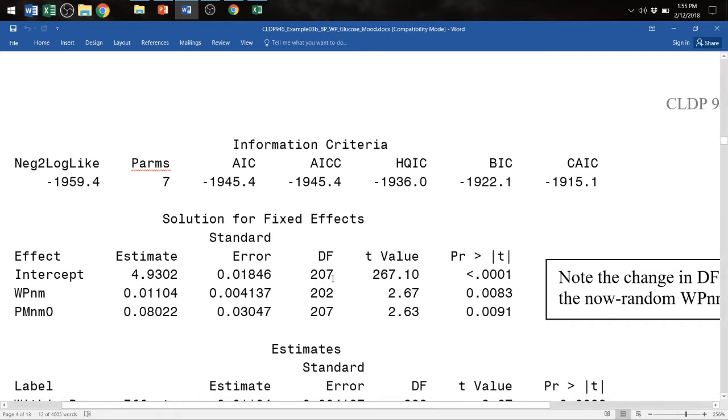The fact that my likelihood ratio test was non-significant, the model adding a random slope variance and its covariance with the intercept did not fit better, means, in English, no between-person slope differences, no between-person differences in the within-person effect of negative mood.